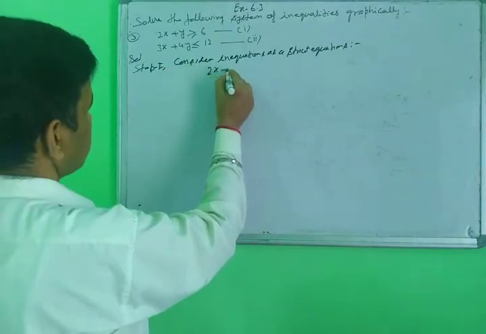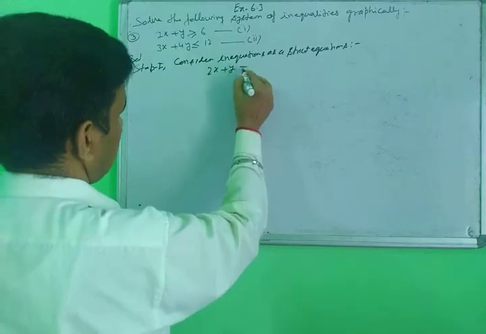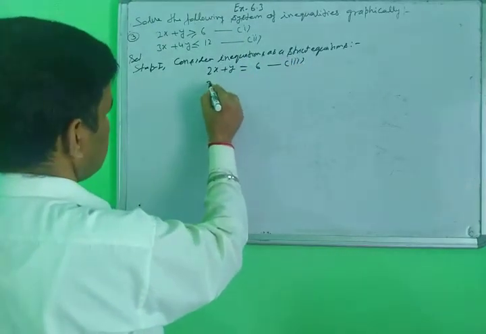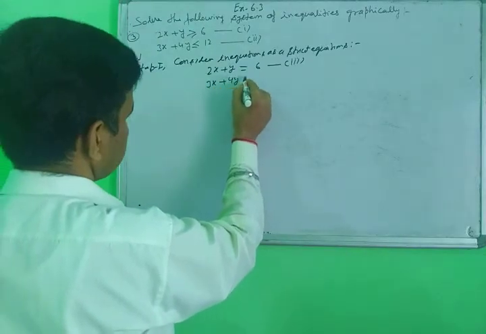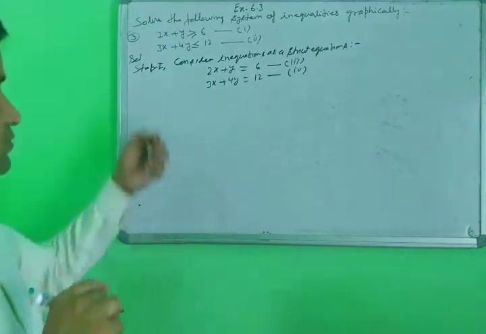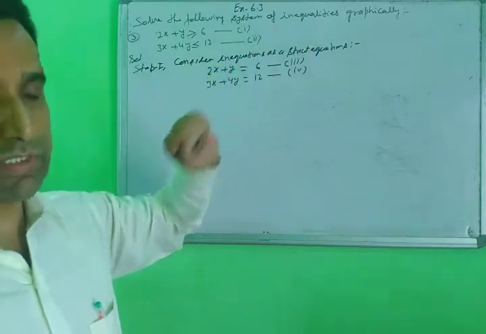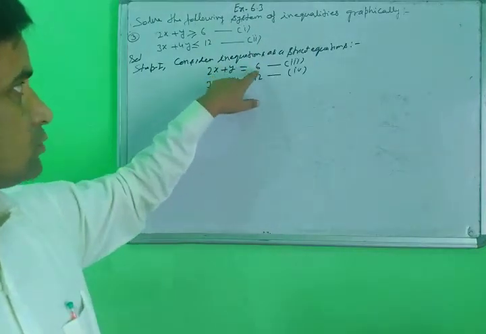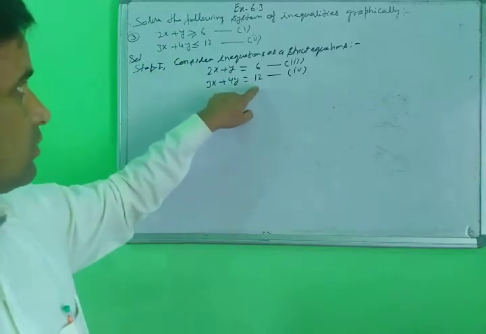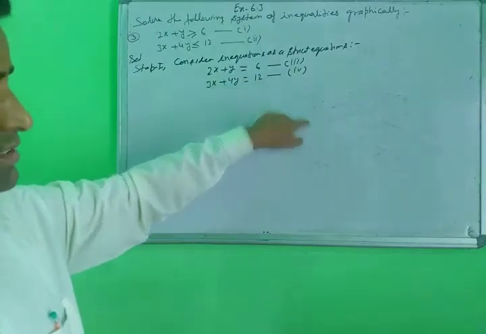First we have 2x plus y equal to 6, this is the first, and here 3x plus 4y equal to 12, this is your second equation. Step first work is complete. Consider inequations as strict equations: 2x plus y equal to 6, this is the first, and 3x plus 4y equal to 12, this is your second equation, converted into equations.